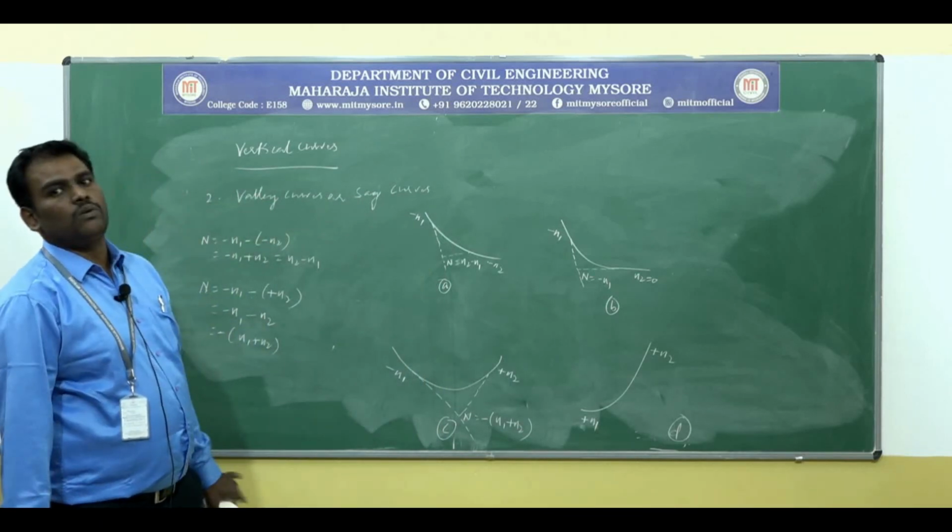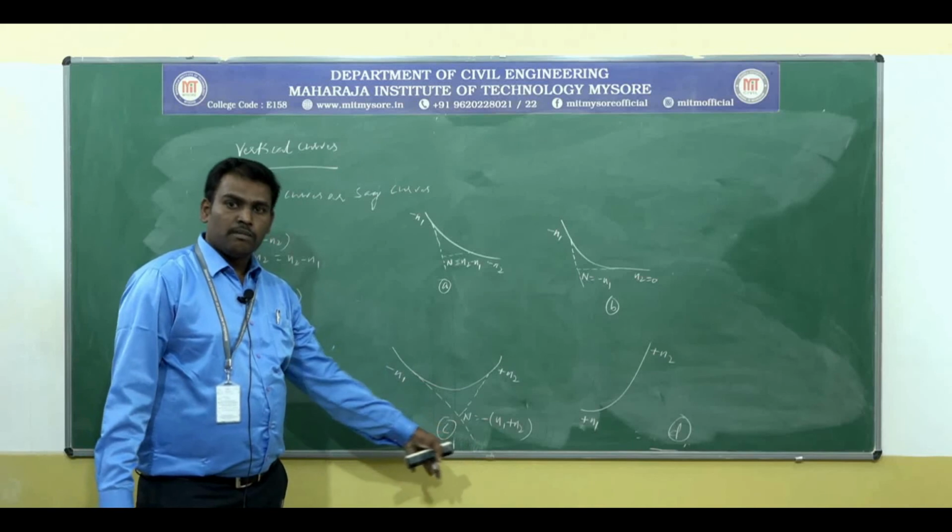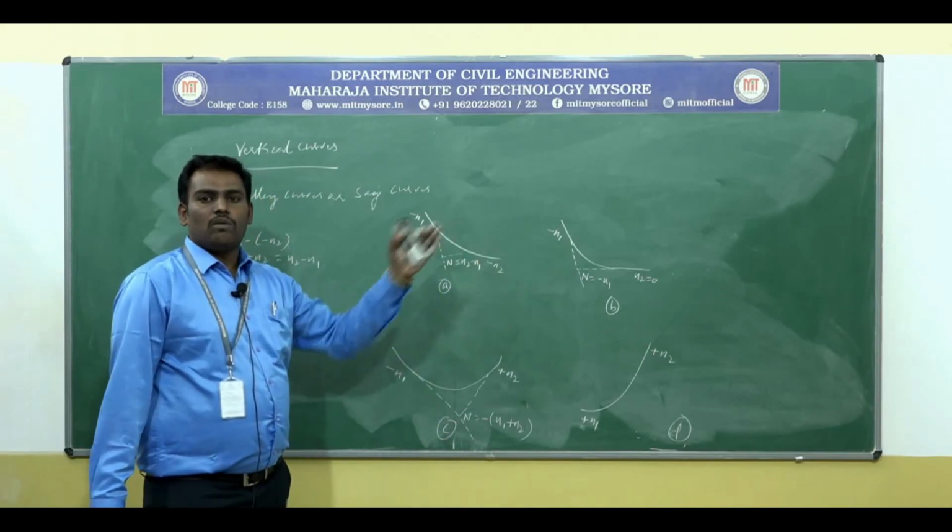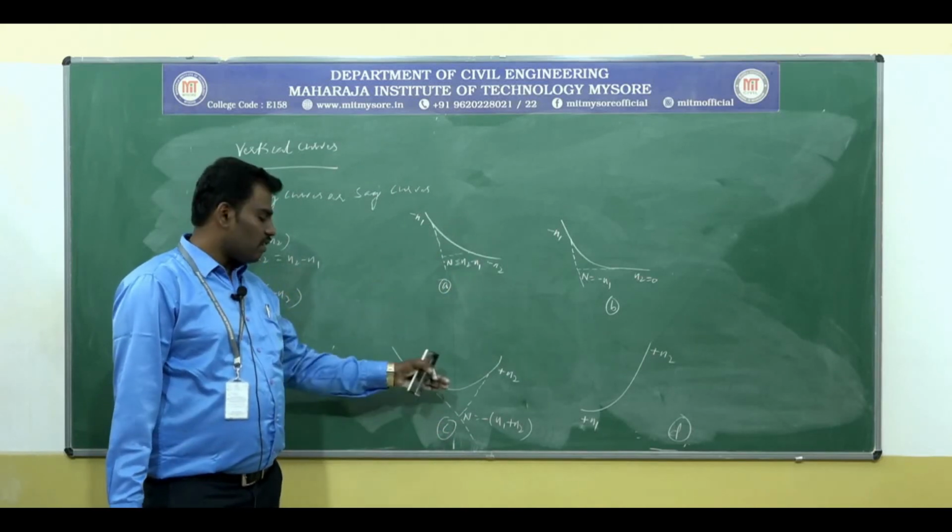For the valley curve, the deviation angle will be maximum when a descending gradient is followed by an ascending gradient, that is, for the third case.